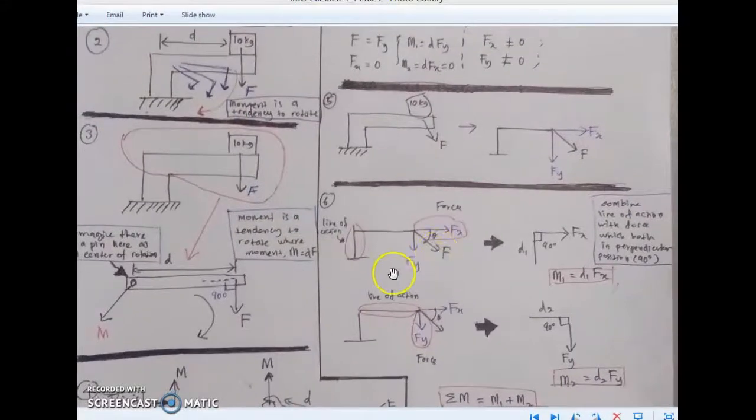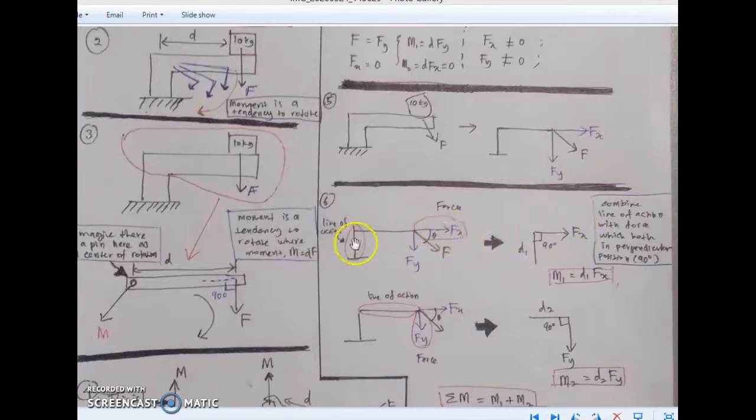So you actually need to break the F into the components Fx and Fy. When you do this, you will come up with these components.